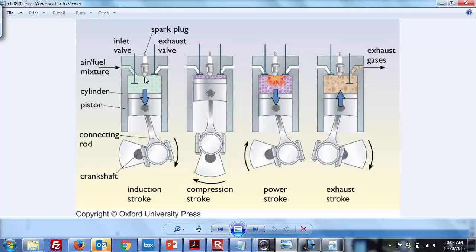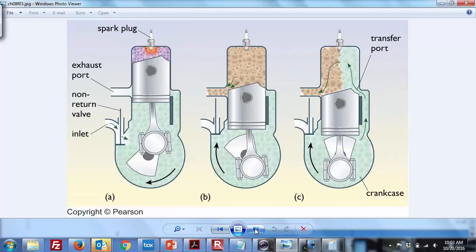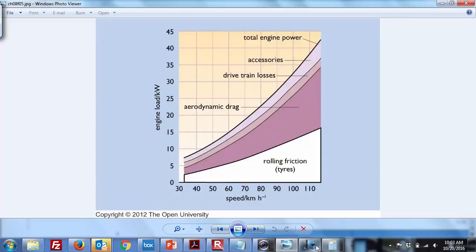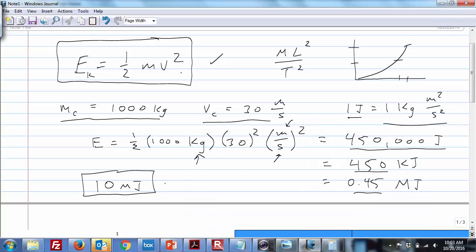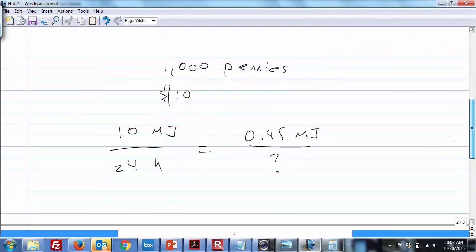Here's the car, eating and breathing, and we do the same thing. So I'm making a comparison between the two and saying if you are burning 10 megajoules every 24 hours, how long is it going to take you to stop that automobile?